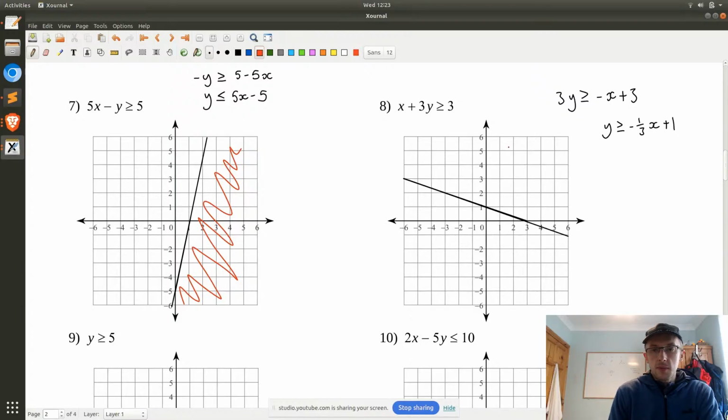Input the origin, see if it's right. Is 0 greater than or equal to 3? False. Origin excluded.